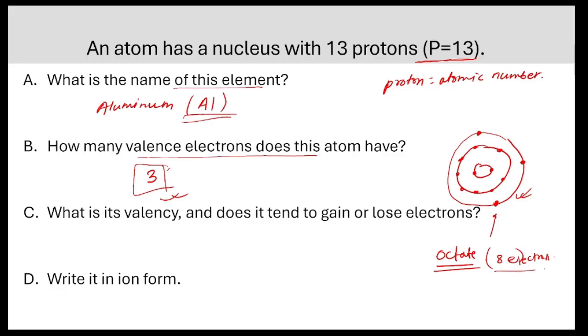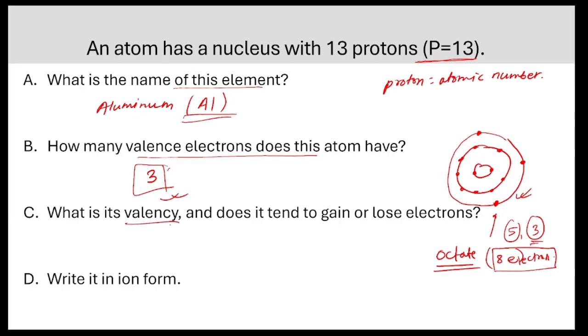To reach 8 electrons, it either has to gain 5 electrons, or it can lose 3 electrons. Losing 3 electrons is more possible compared to gaining 5 electrons, because gaining requires more energy compared to losing 3 electrons.